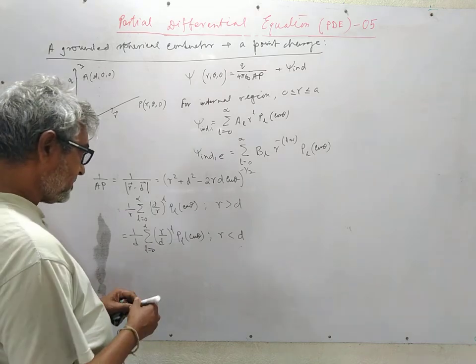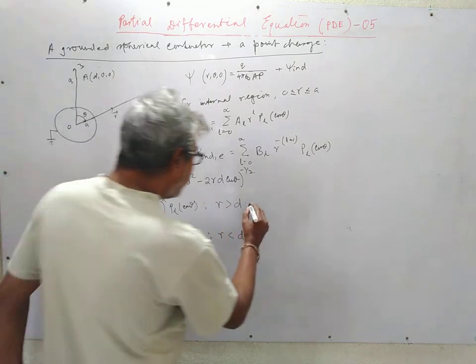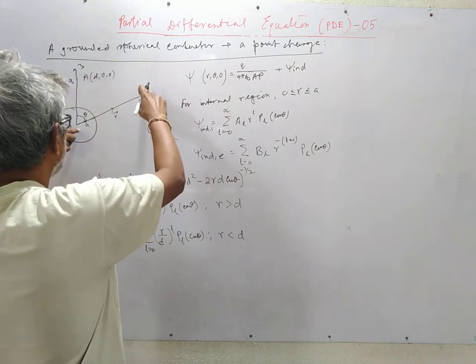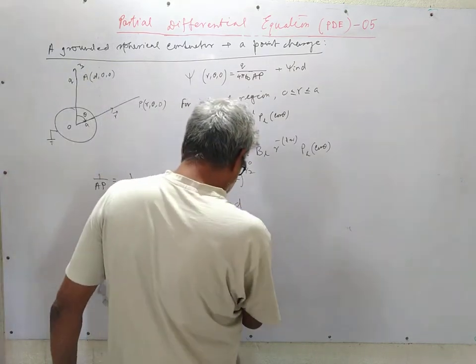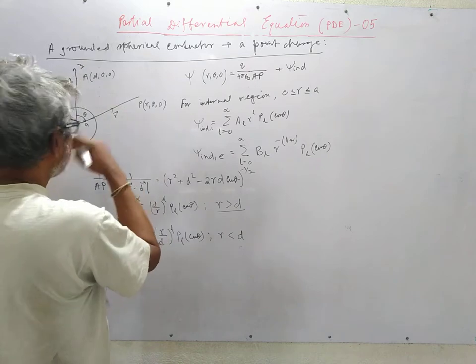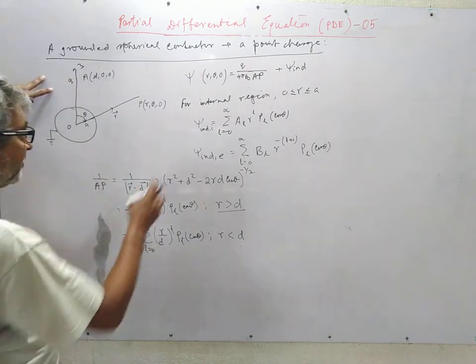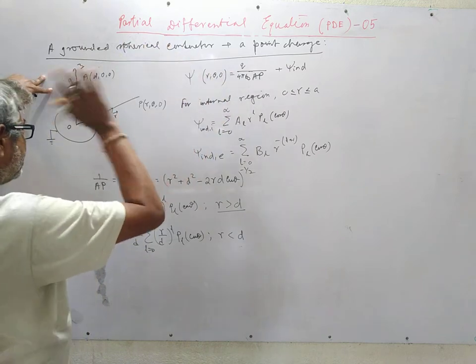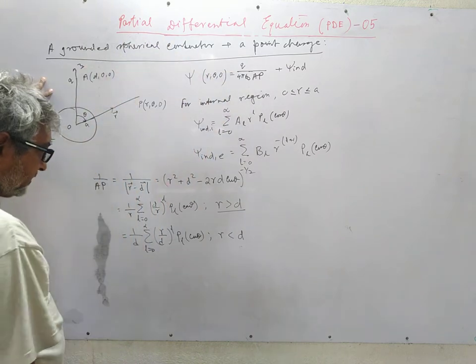So this is applicable for the region for which r is greater than d. For this potential, we divide the entire region into three parts.